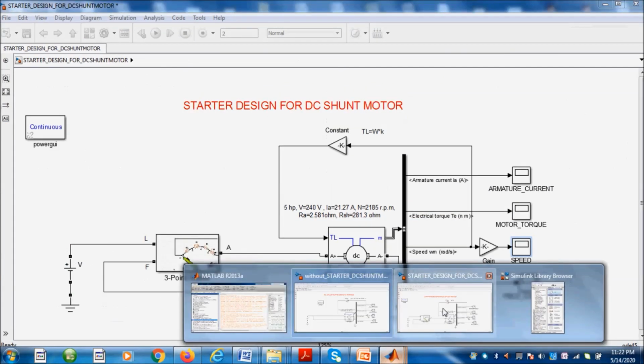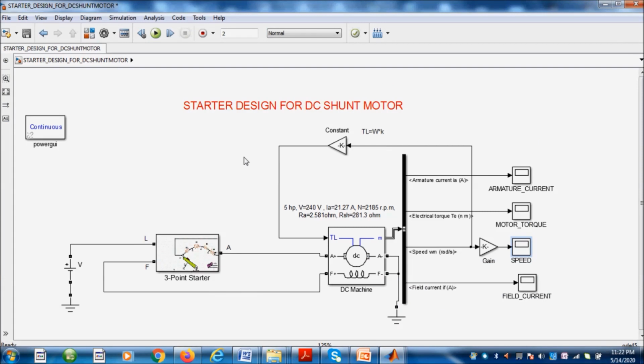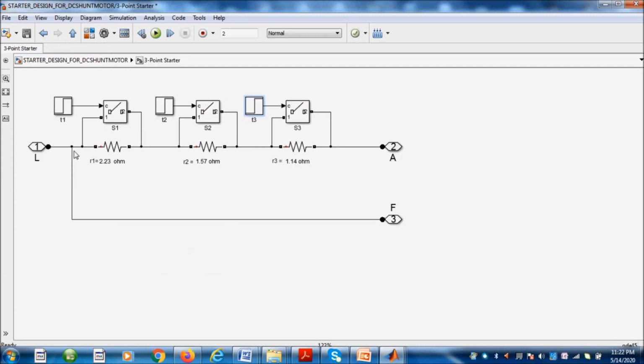And now we see the DC shunt motor with starter. The same electrical parameters and the same motor I am using. Only thing is, I am using a 3-point starter. Double click on the 3-point starter subsystem. Here the field winding is directly connected to the line, but the armature winding is connected with the starter resistor.